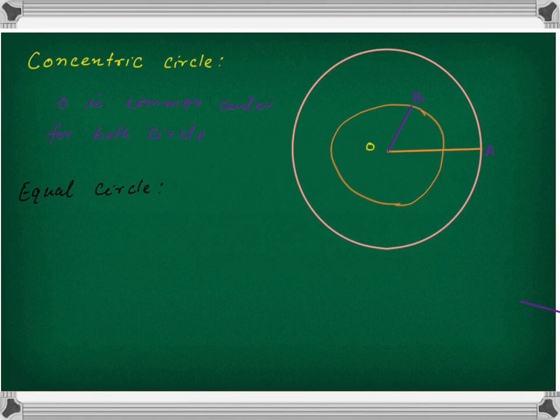So that means the radii is always the same. So this is called the equal circle or congruent circle.